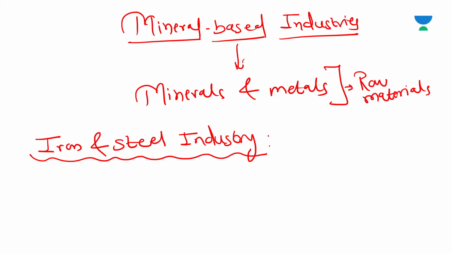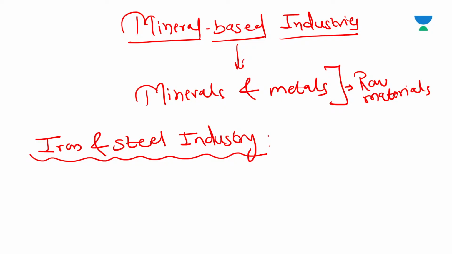Now, production and consumption of steel is often regarded as the index of a country's development. So, iron and steel is a heavy industry because all the raw materials as well as finished goods are heavy and bulky, entailing heavy transportation costs.